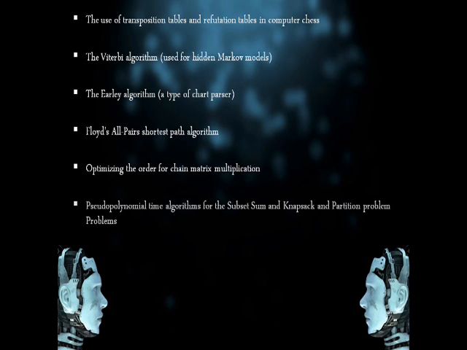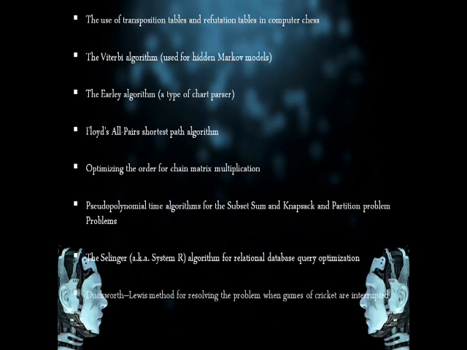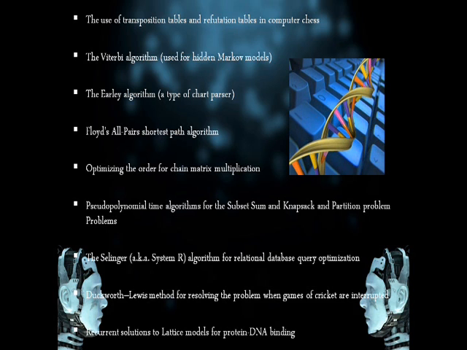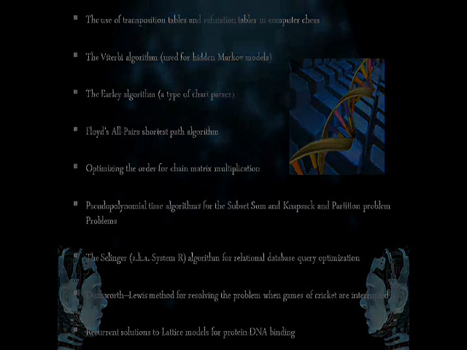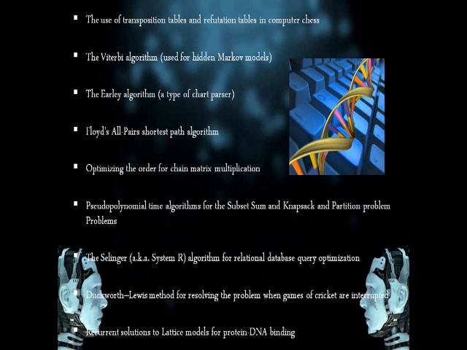Next, the Viterbi algorithm used for hidden Markov models. More, the Earley algorithm, a type of chart parser. Next, Floyd's all-pairs shortest path algorithm. Also, optimizing the order for chain matrix multiplication.